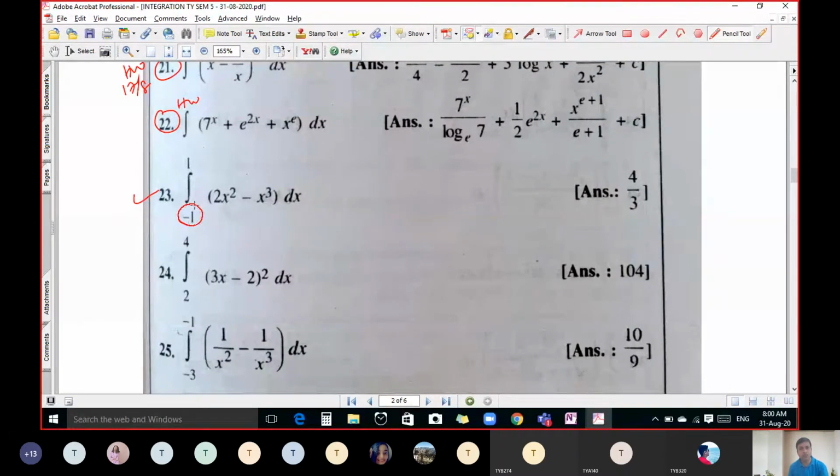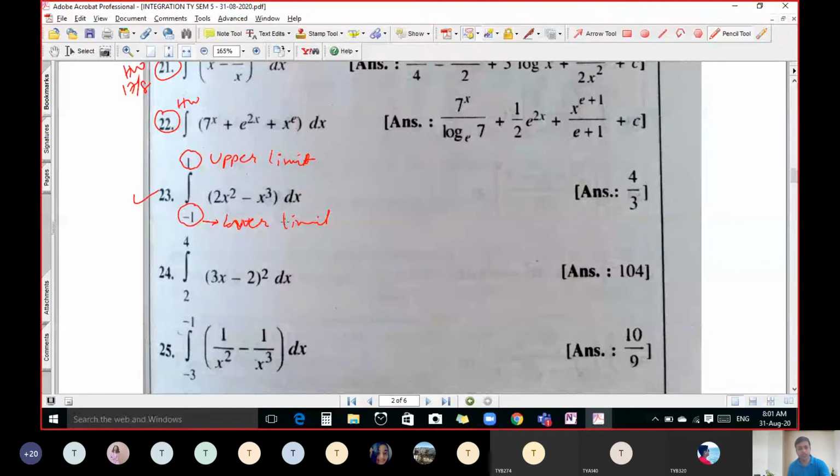This is known as the lower limit, this is known as the upper limit. Whenever there is a limit, it is a question of definite integration. The method to solve this type of question is almost the same as the previous one.